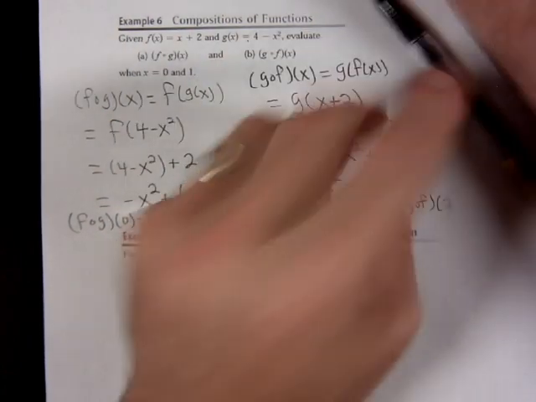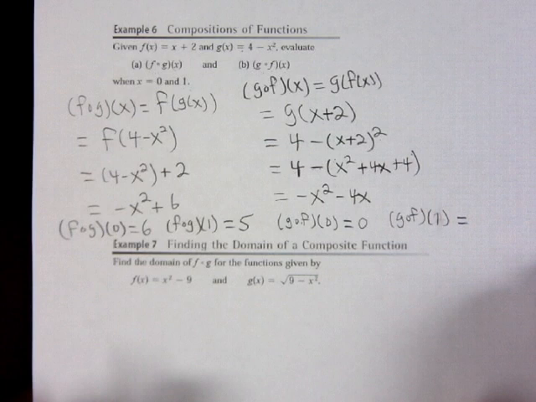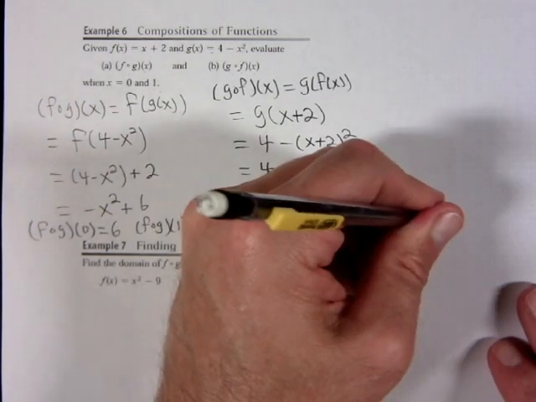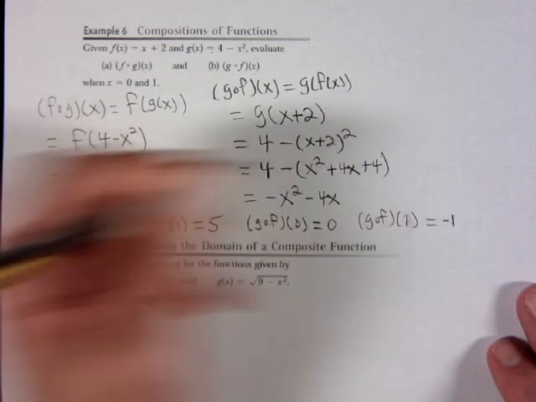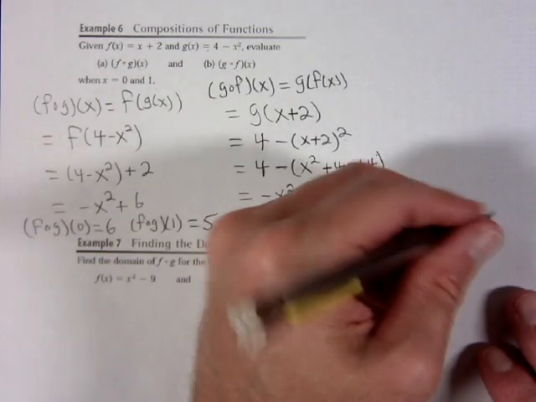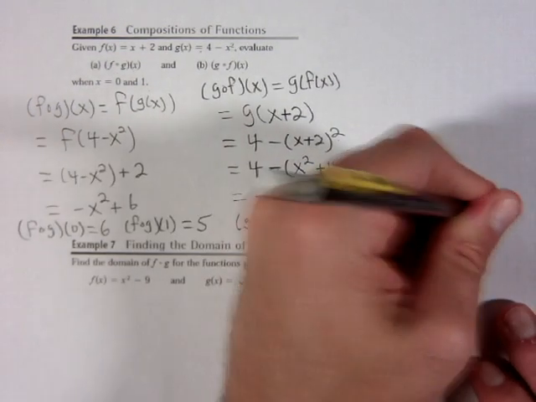They asked me for 1, not 2. So I'm going to plug 1 in there now and see what happens. If I plug in a 1 there, that's going to be negative 1 squared, which is negative 1. And that's going to be minus 4 times 1, which is 4. And now I would say that that evaluates out to a negative 5.